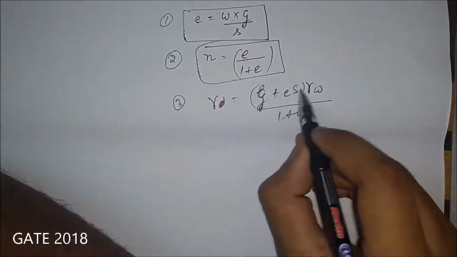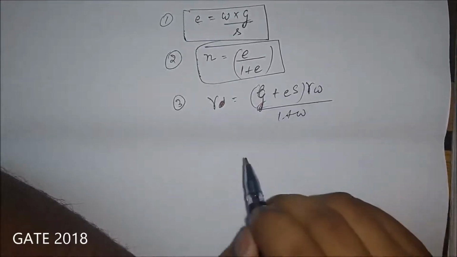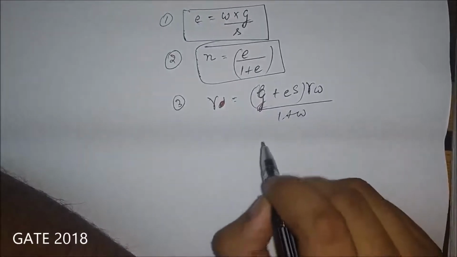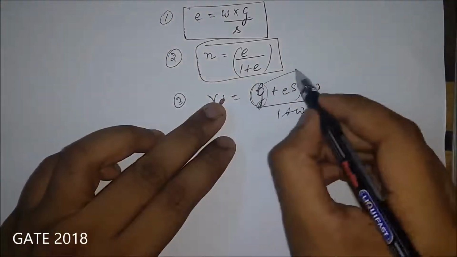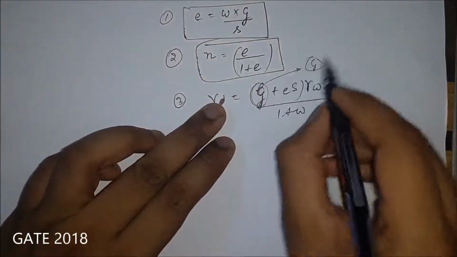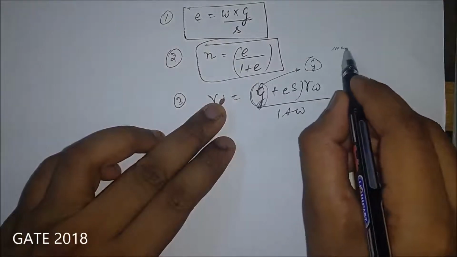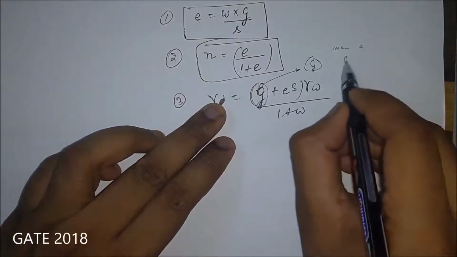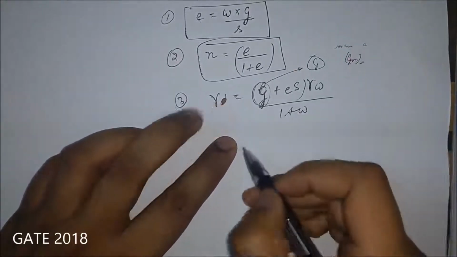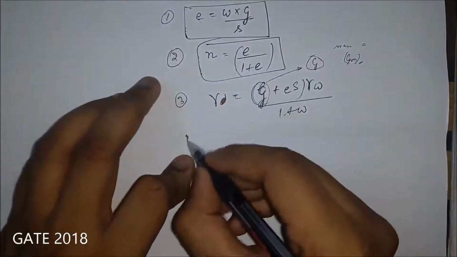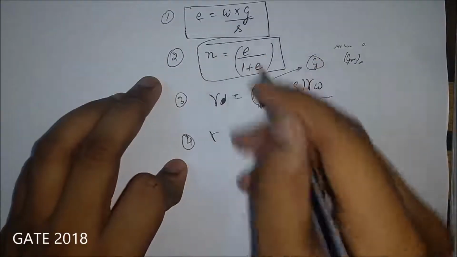Here we have void ratio, degree of saturation, unit weight of water, water content, and specific gravity. Now, unless and until mentioned, just take normal G. If it is mentioned mass, bulk, or apparent specific gravity, then only take Gm. Keep this in mind. Now, we can derive the other formulas using this.